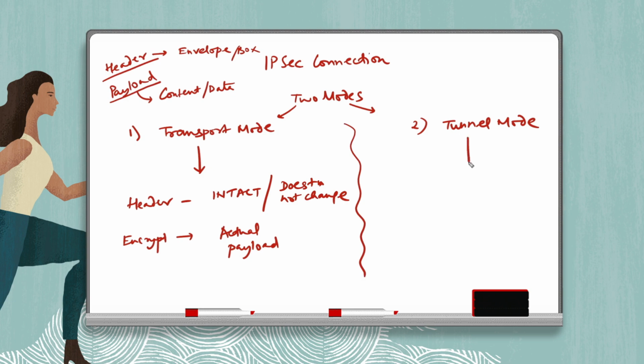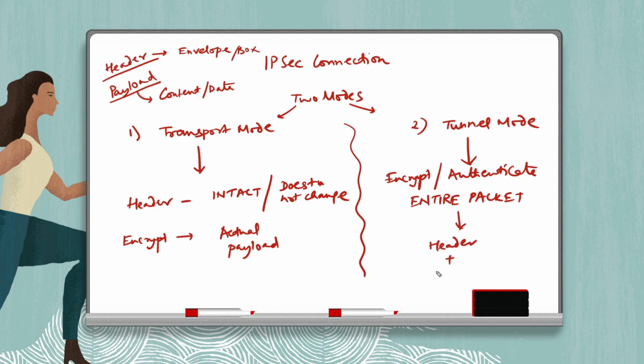In case of tunnel mode, it's going to encrypt and authenticate the entire packet, which includes both header and payload. Why is this important? This is important because Oracle supports tunnel mode. The tunnel mode is supported by Oracle.